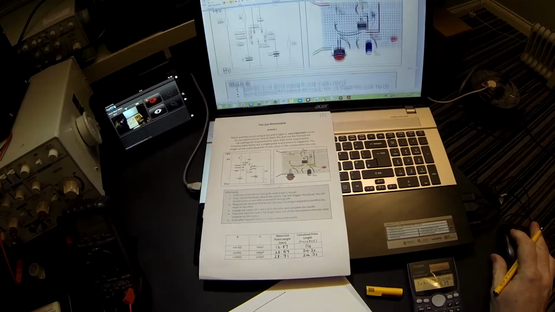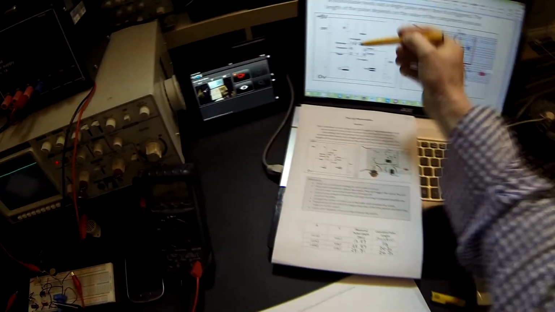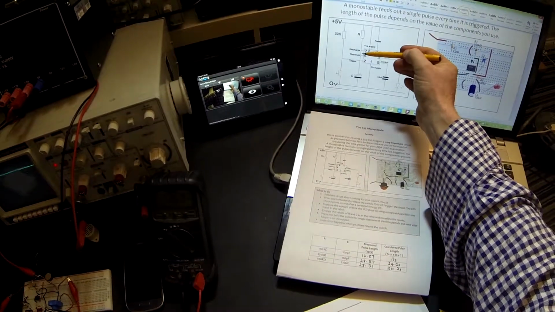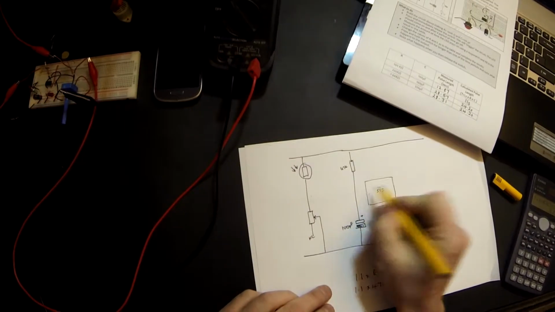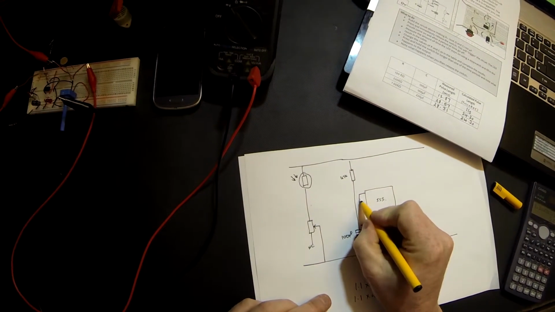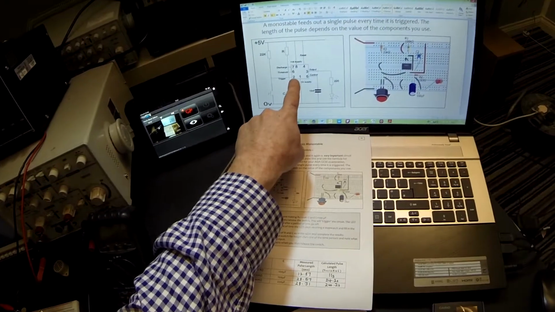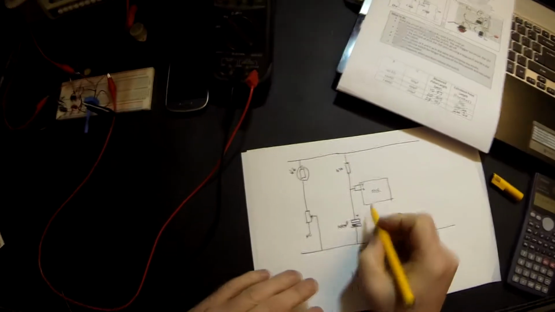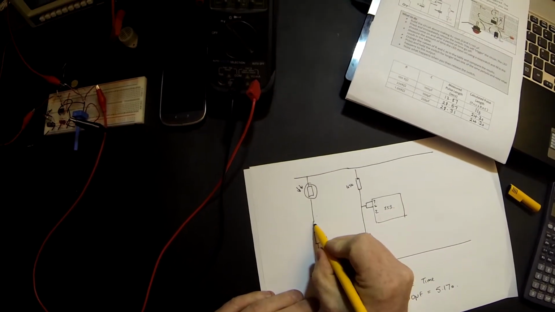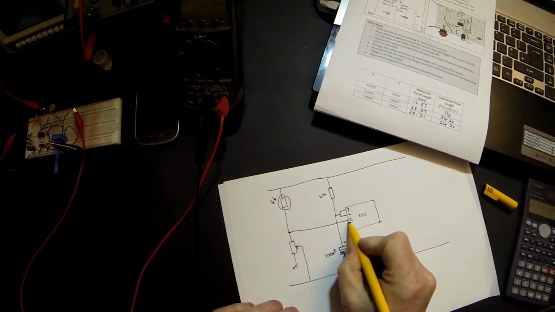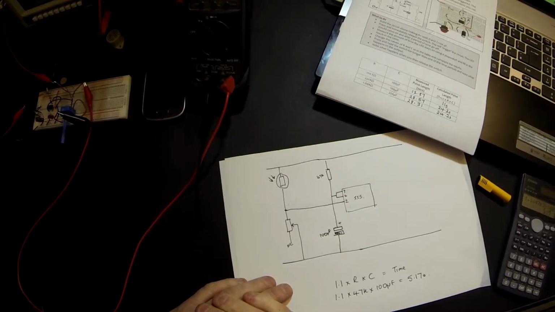So following on from our circuit diagram, we can now redraw that portion of the circuit. So the resistor capacitor goes to pin 7, pin 6, 7 and 6. Our pin 2 is our trigger, which is now going to come from our LDR and our pull down resistor.